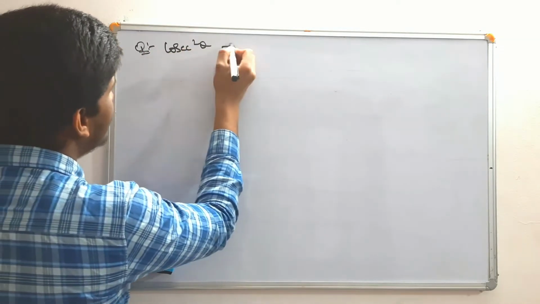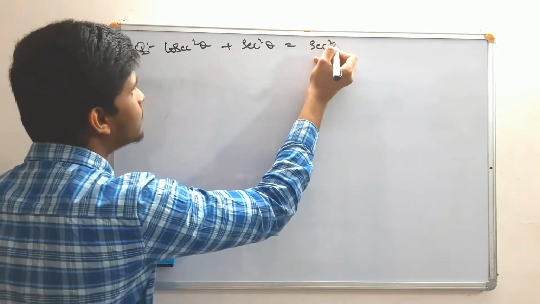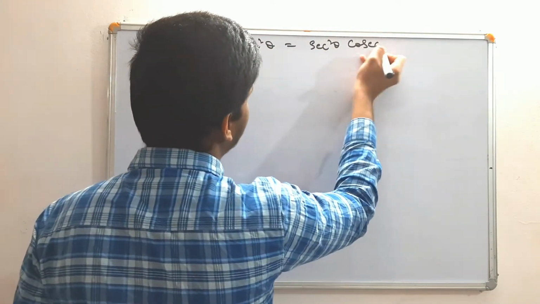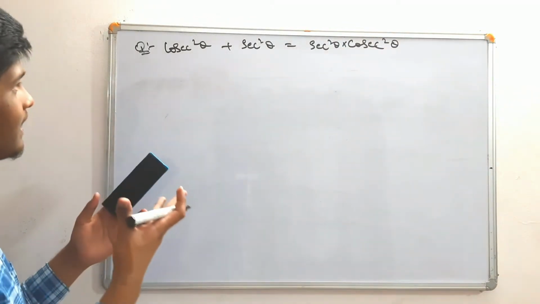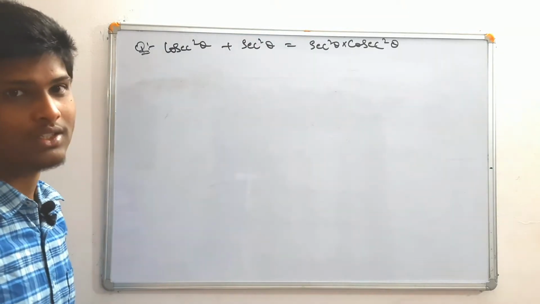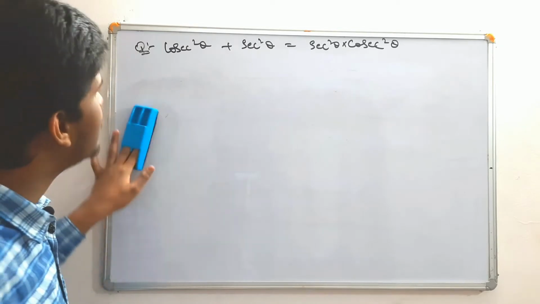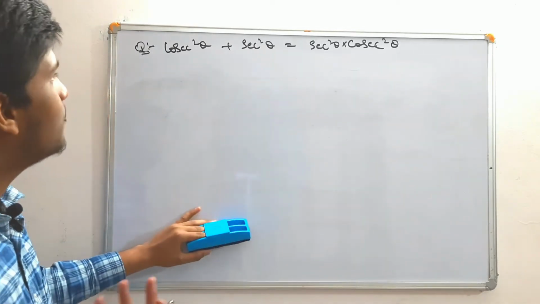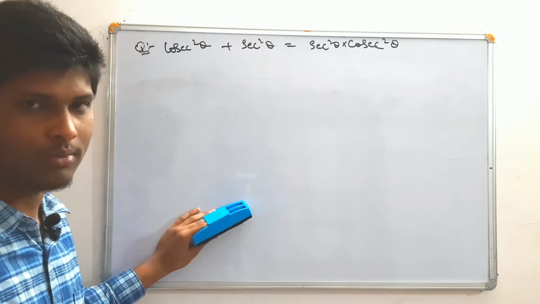cosecant square theta plus secant square theta is equal to secant square theta into cosecant square theta. Here it's addition and here it's multiplication. How can we prove this? To a normal human brain it seems impossible that the addition of two numbers is equal to the multiplication of two numbers.